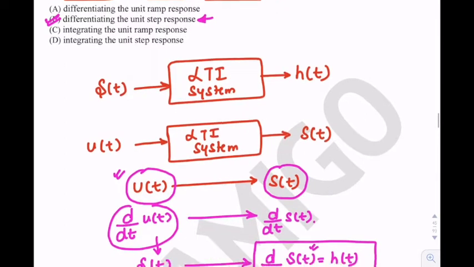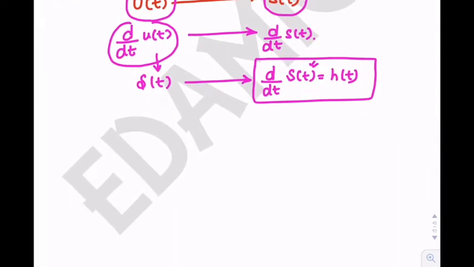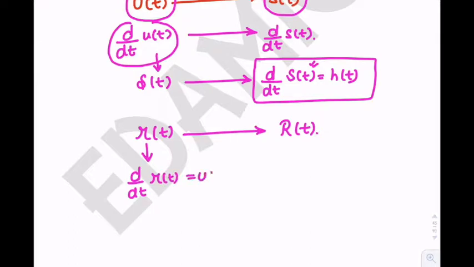One more important point here is that if we have a ramp signal having the output, let us say capital R(t). Now if we differentiate the ramp, that is equal to u(t). So u(t) will have the response equal to d by dt of R(t), that will be equal to the step response.